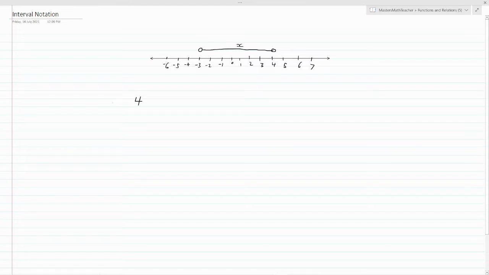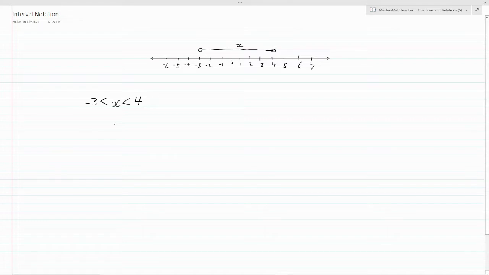So we know that x has to be less than 4. And the smallest number x can be here is -3. So we know that it is greater than -3. So this is how we would write that using just less than, equal to, those sort of symbols.